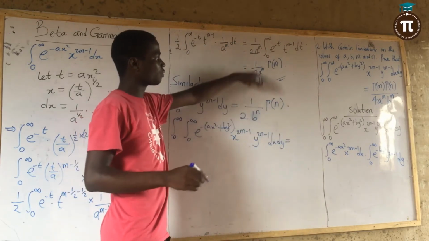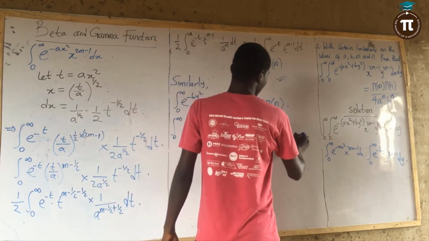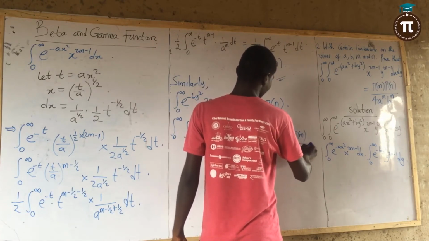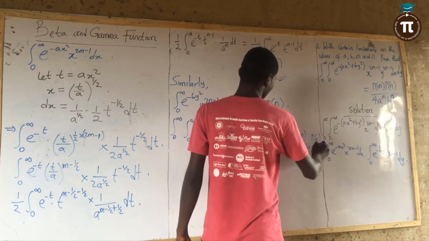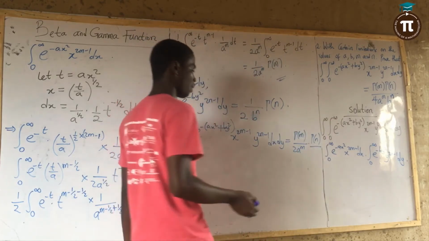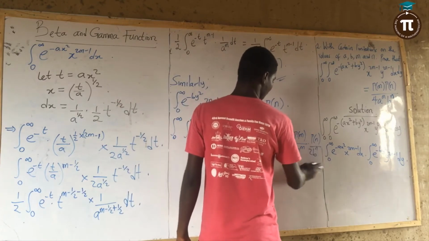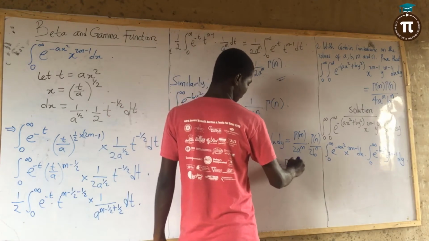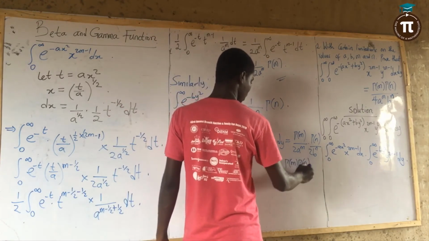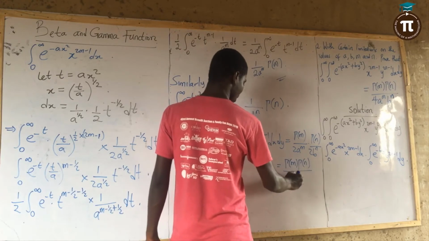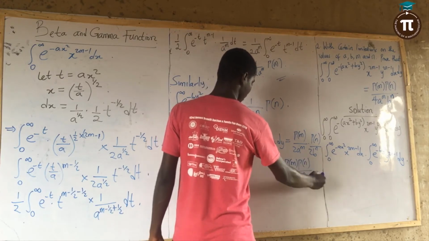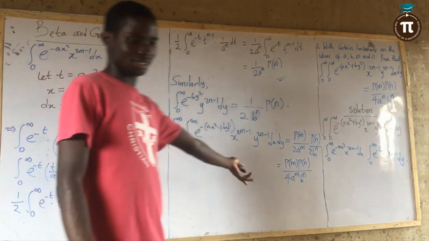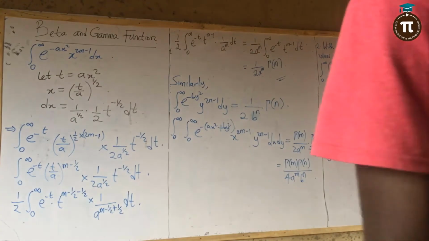We get the multiplication of these two things: gamma of m over 2a raised to power m multiplied by gamma of n over 2b raised to power n, so that it will now be gamma of m gamma of n over 4a raised to power m b raised to power n. And that is what they want us to prove. That is the answer.